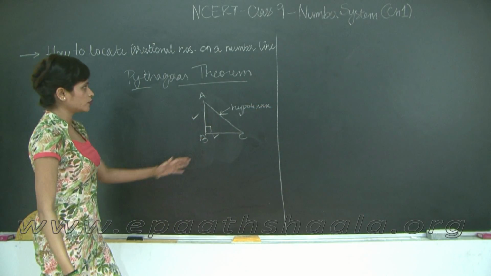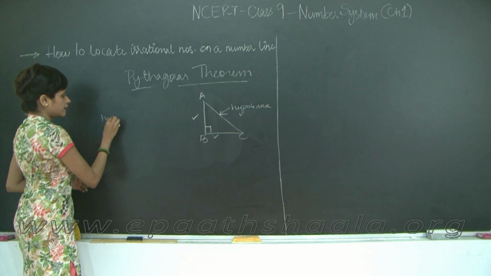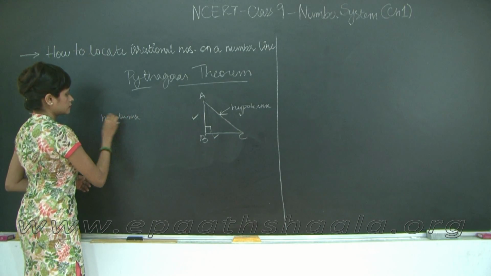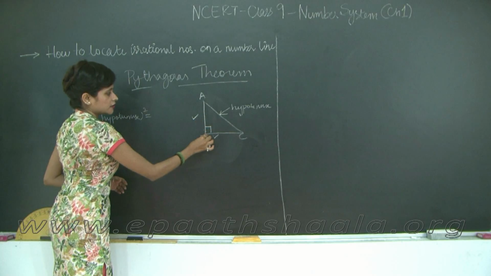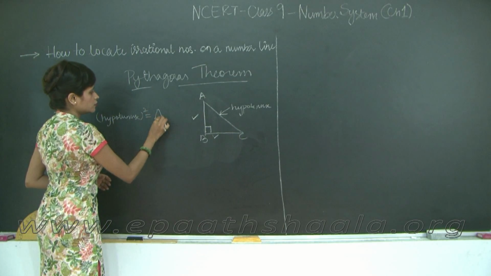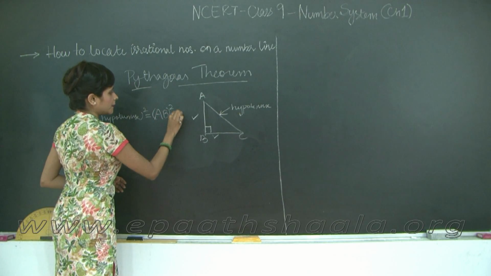Right? And according to Pythagoras theorem, you have hypotenuse square is equal to the sum of square of both these sides, right, is equal to AB square plus BC square.